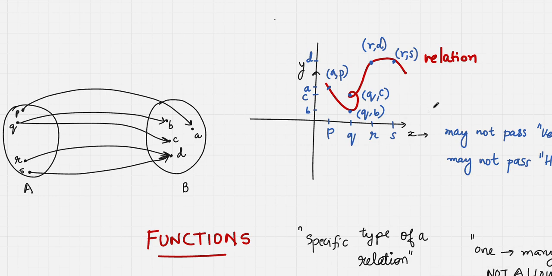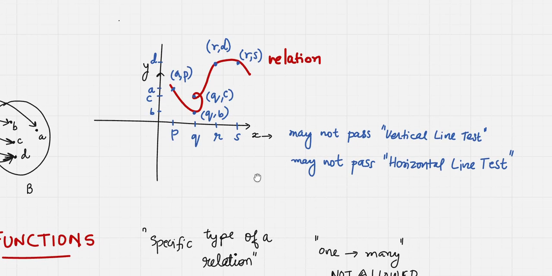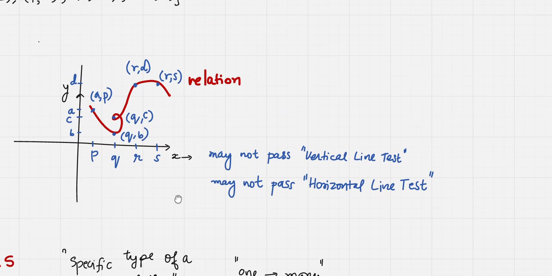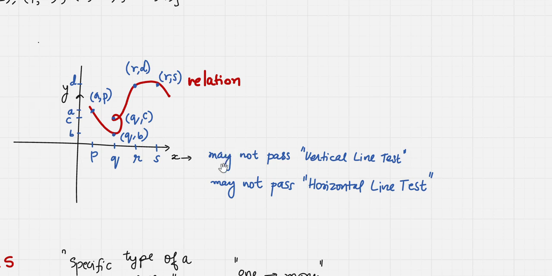Now, this relation, or in general any relation, what are its characteristics? It may not pass what is called the vertical line test. It may not pass what is called the horizontal line test. Now, what are these tests? You just make a horizontal or a vertical line.